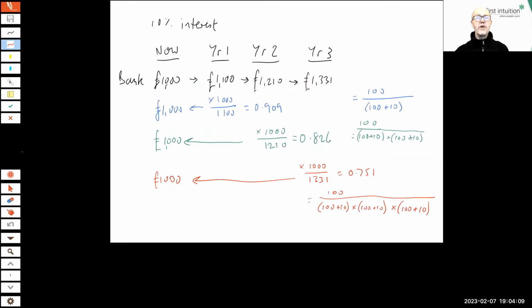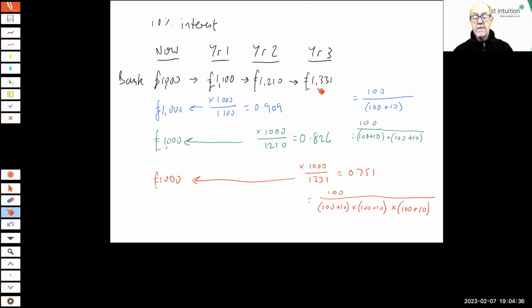Now, imagine that the banks are paying 10% interest. Highly unlikely, I know. But that would mean that if we put £1,000 in the bank today, in a year's time it would be worth £1,100. If we left it there, in 2 years' time with compound interest, £1,210.